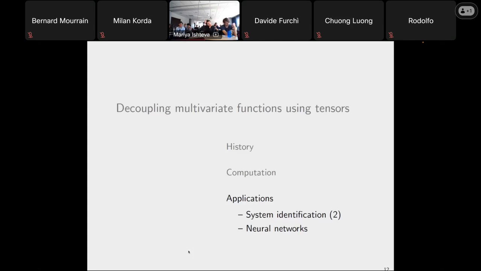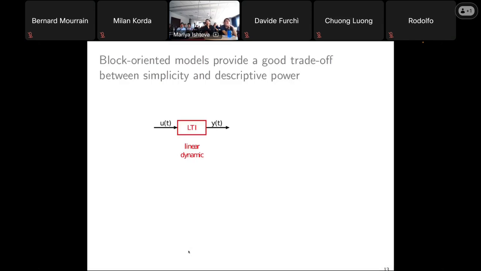Okay, so how we actually started working on this was from an engineering point of view, from system identification, where the engineers try to model everything around us. So everything is a model, it has input and output. So these are measurements. You measure something at the input of the system and the output of the system.